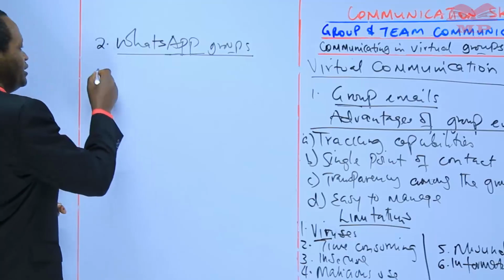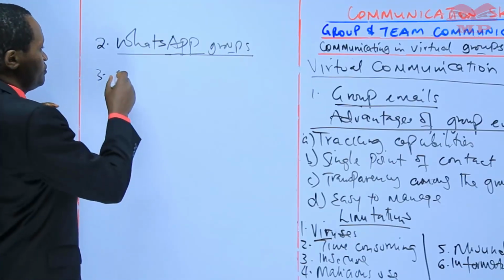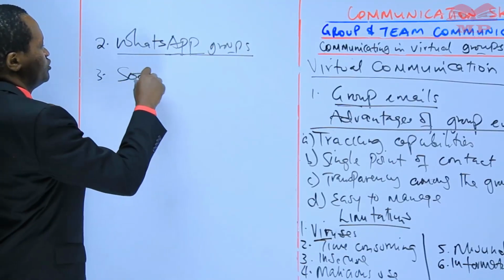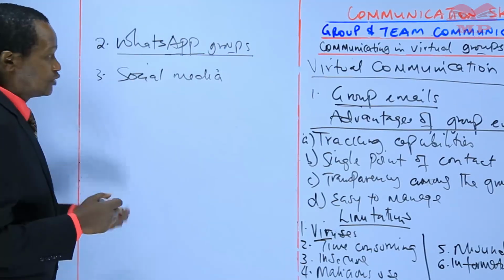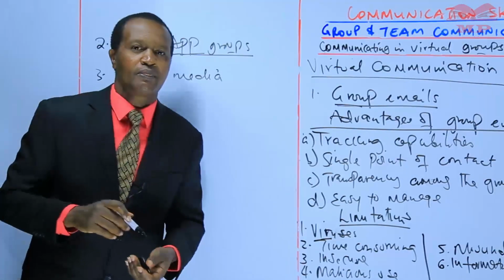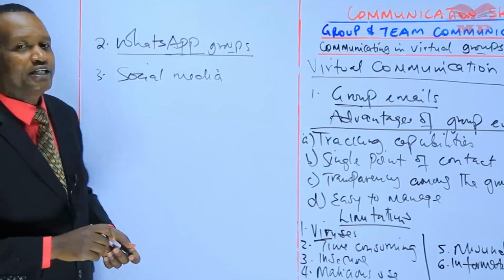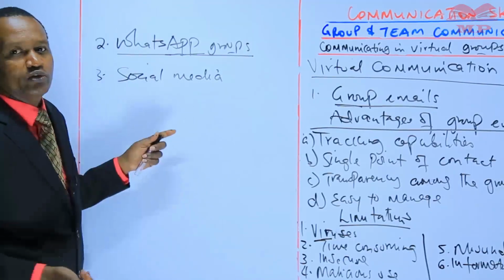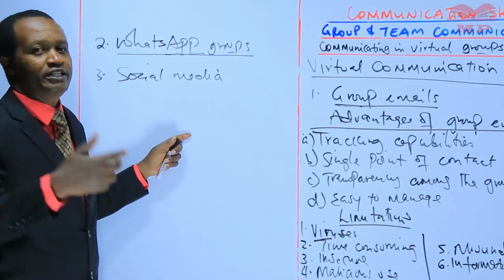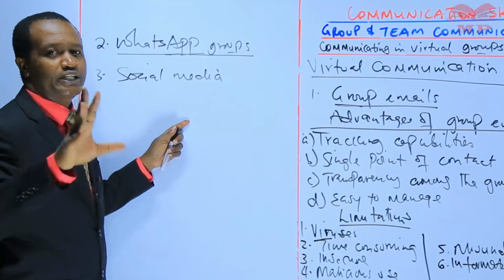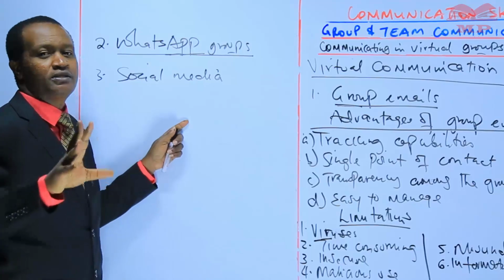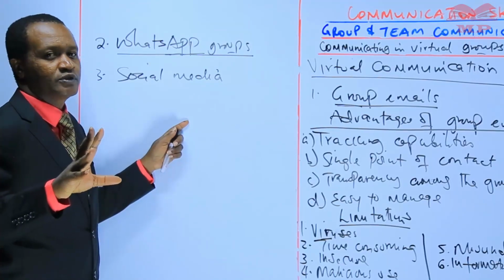Then we can, in closing, talk about social media. There are groups that can also be formed on social media. Now, candidly, social media is a computer-based technology that facilitates the sharing of ideas, thoughts, and information through the building of virtual networks and communities. All right?